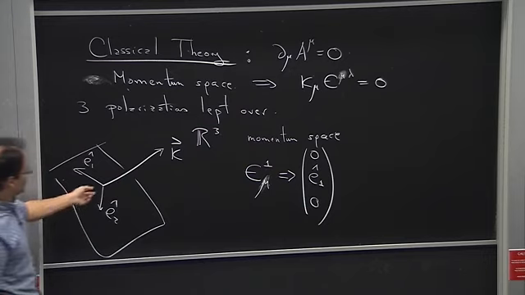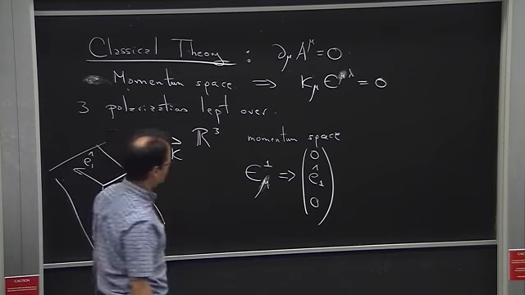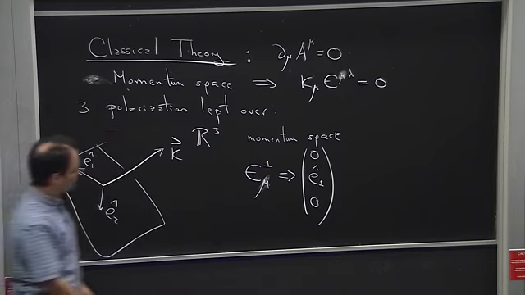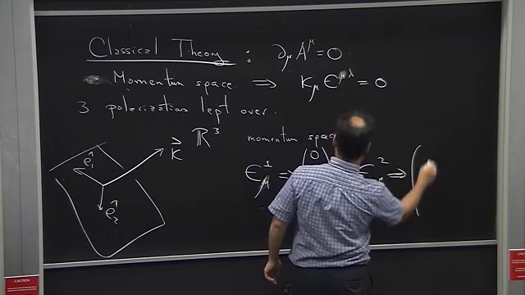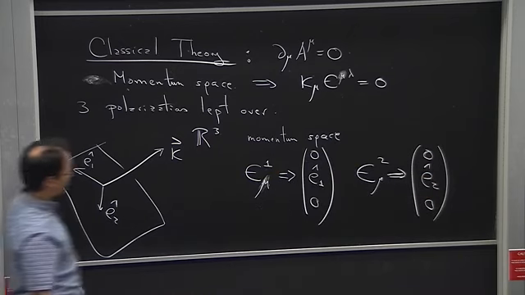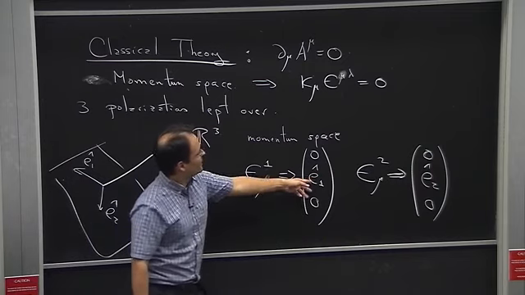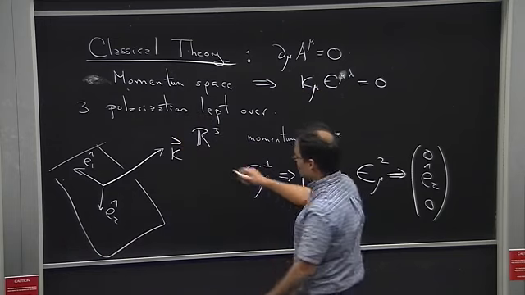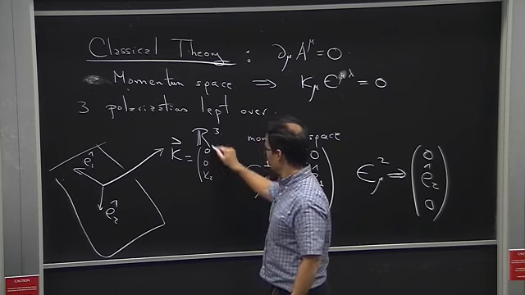And now choosing a basis where this guy is along the z direction, and this is in the x and y direction, E1 and E2. So I can choose epsilon mu2 to have 0, E2, 0. The reason these guys satisfy this condition is that I made the choice that k is a vector of the form 0, 0, kz.